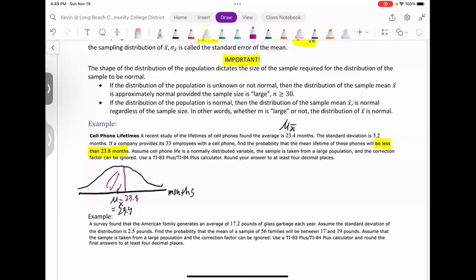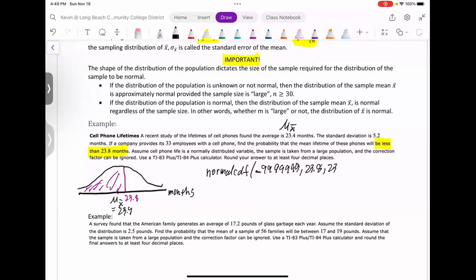And we're going to find this probability, which means we're going to be using normal CDF. So we're going to go from negative infinity to the 23.8, pardon me.